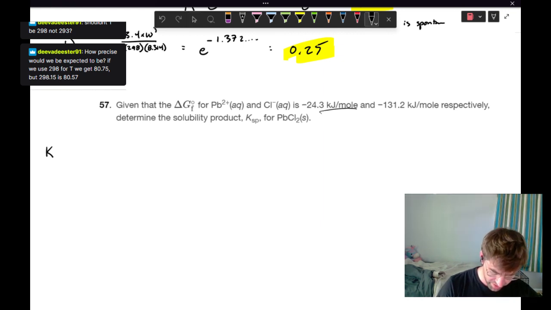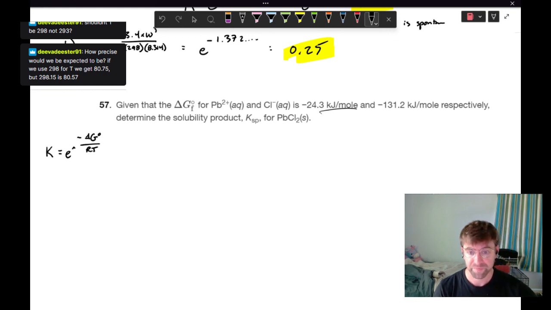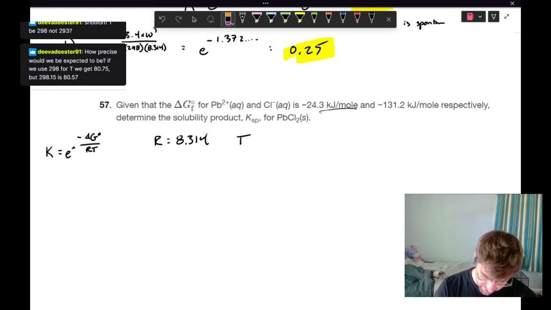So again, we're going to be working with this same equation. R equals 8.314. We're dealing with a standard Gibbs free energy, so we can infer that our temperature is 298 Kelvin.